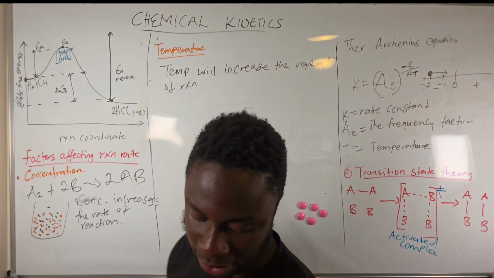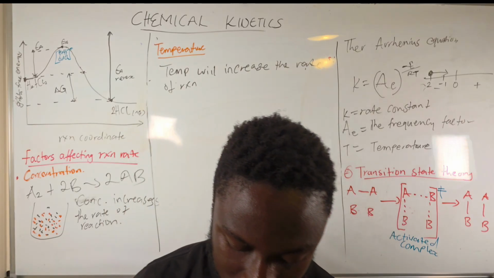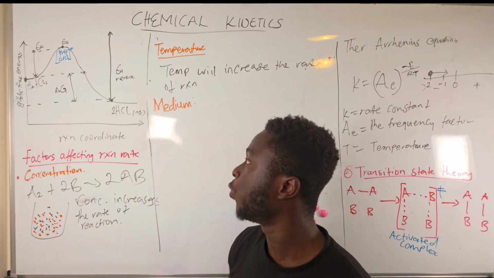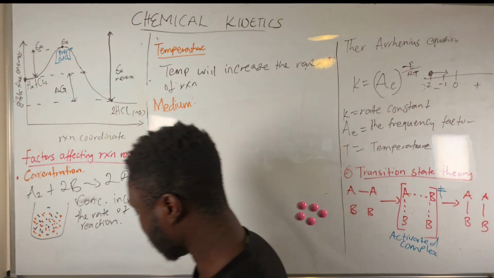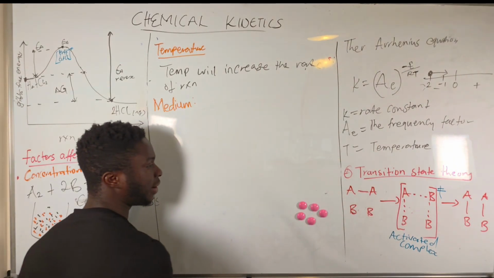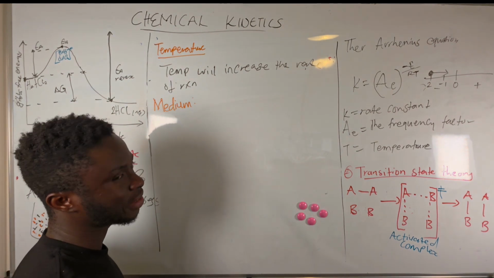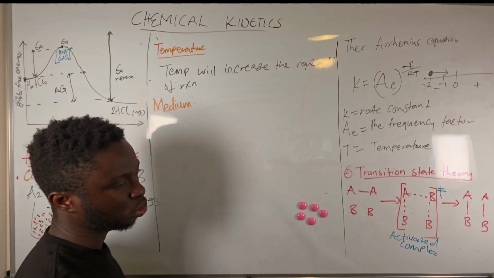Next factor that would also increase the rate of reaction is the medium, the reaction medium. So for the medium, what we are stating is that the medium in which the reaction occurs, whether it's an acidic environment, aqueous environment, or alkaline environment, would have some form of effect on the rate with which a reaction would occur.